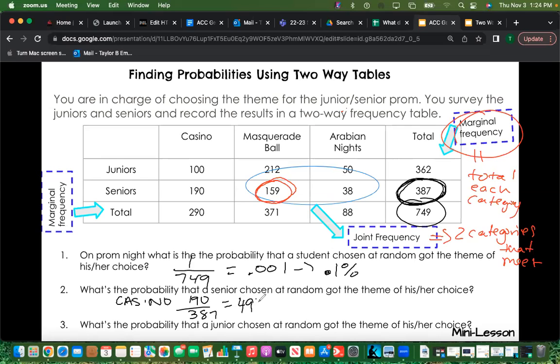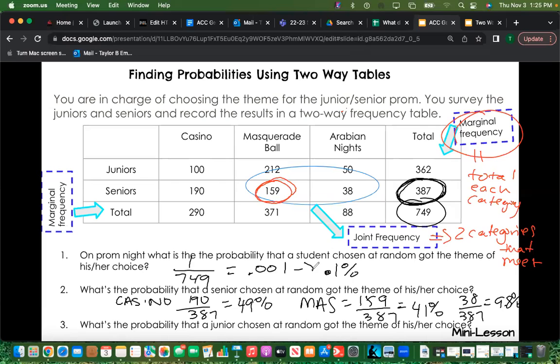That would be about 49%. If I was doing the masquerade ball, I would have 159 out of 387, which would be about 41%. And then if you were Arabian Nights, that's probably not going to happen, but 38 out of 387 would be about 9.8% for Arabian Nights, right?